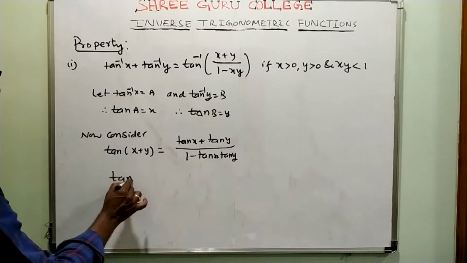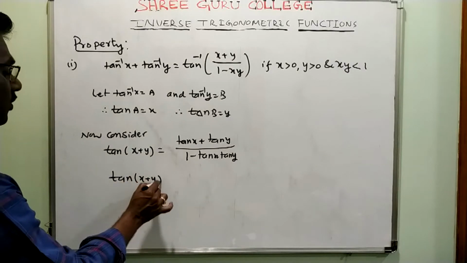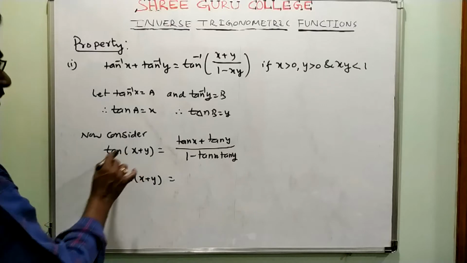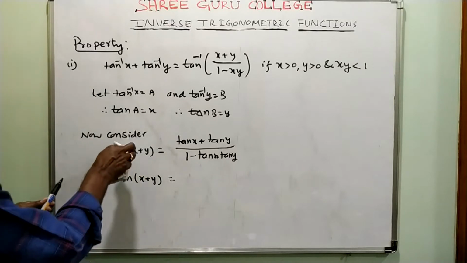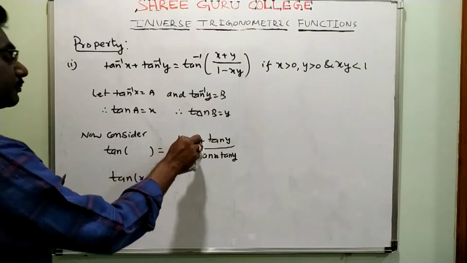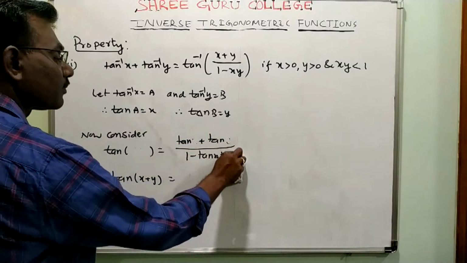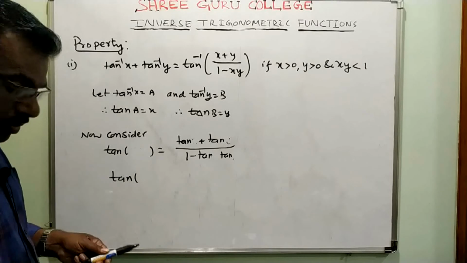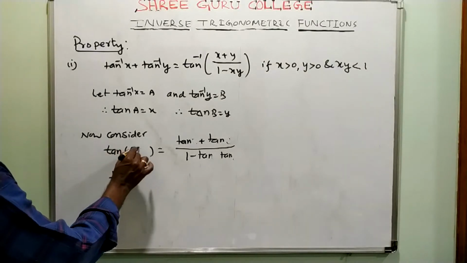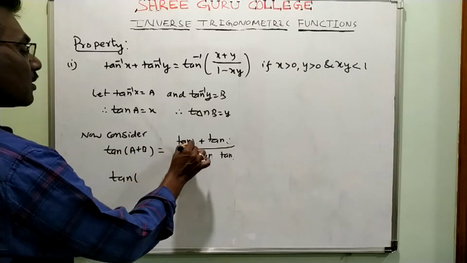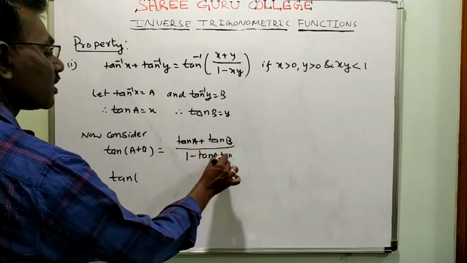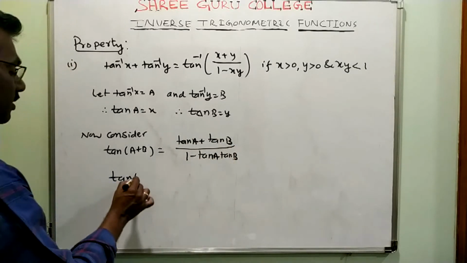Tan of (x plus y) equals this; better you take this as a. Consider tan of (a plus b): tan a plus tan b by 1 minus tan a into tan b.